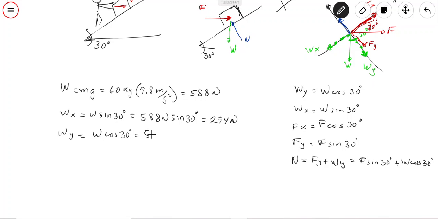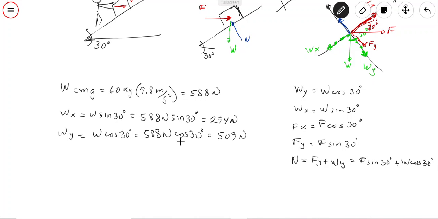That is 588 newtons cosine of 30 degrees. This will be 509 newtons. What else? We can now find the forces.